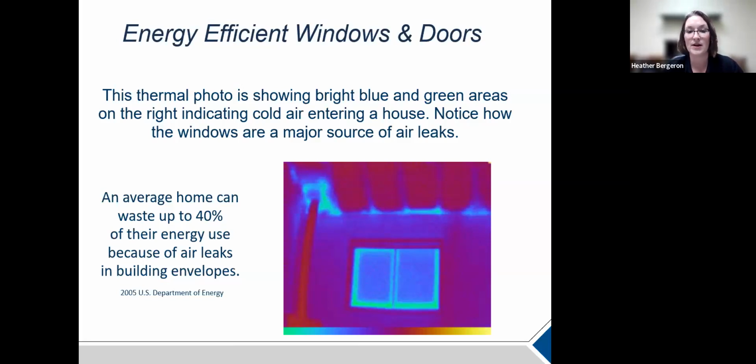That's why it's very important in those opaque sections to have the thermal insulation we need to keep air from escaping. Here's an example from the U.S. Department of Energy: the average home can waste up to 40% of the energy used because of air leaks in the building envelope, which is what we don't want.